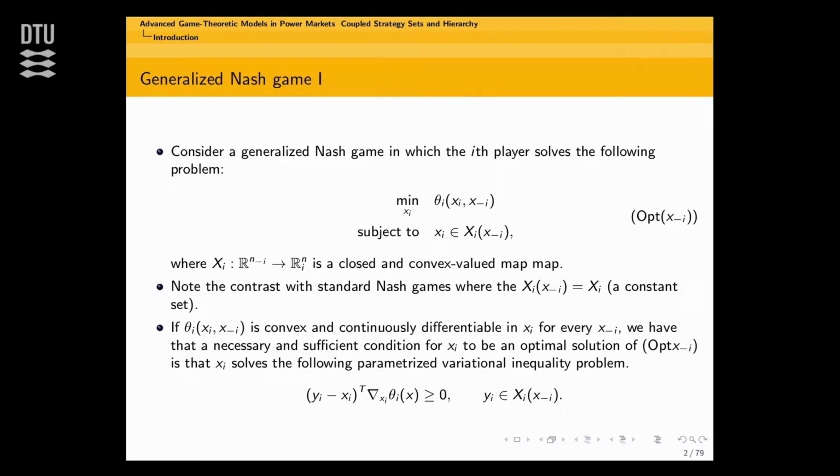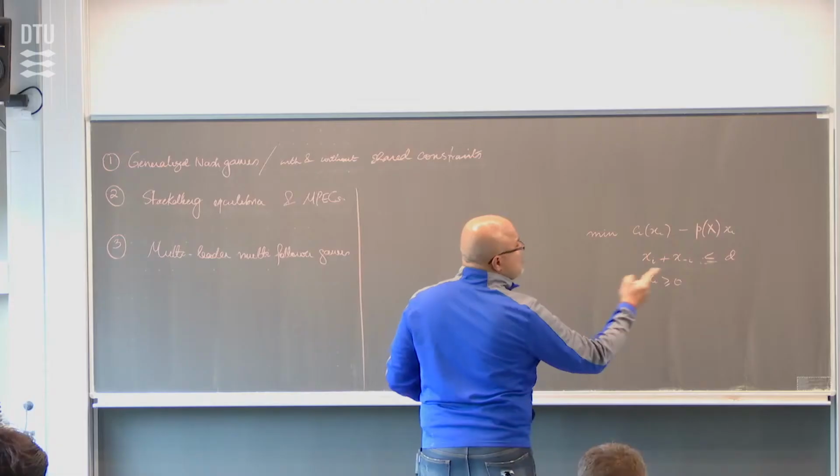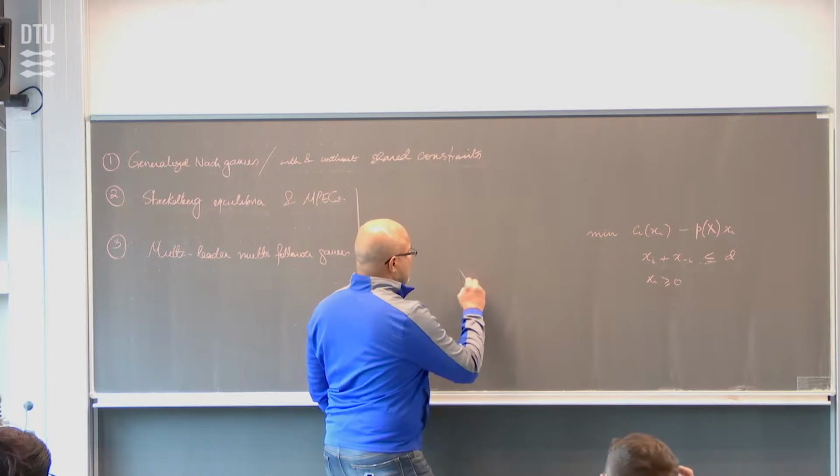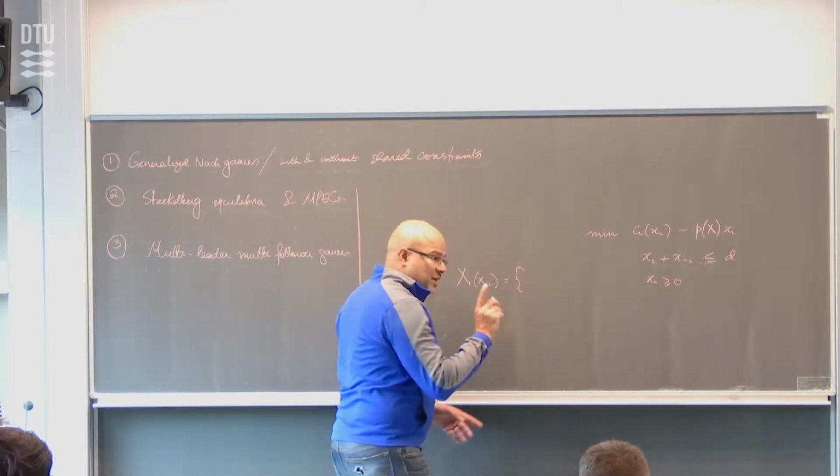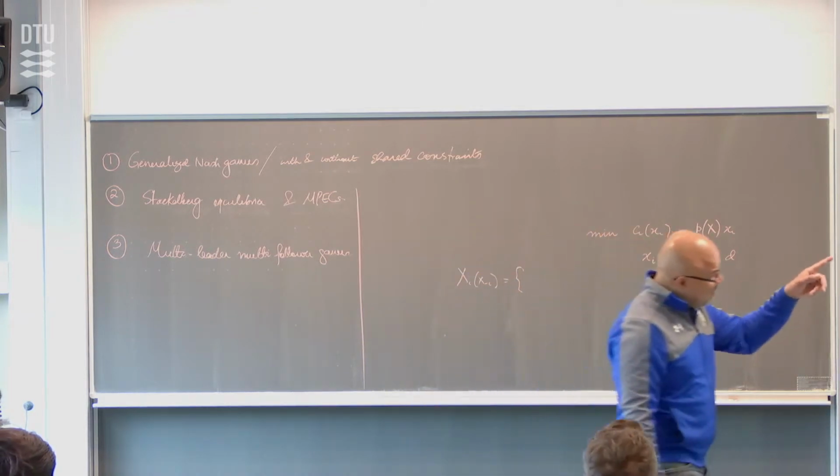So whenever I write this mapping, you should be thinking how to take this constraint and transcribe it as that, X_i of x_{-i}. I want to make sure everybody understands what they see.